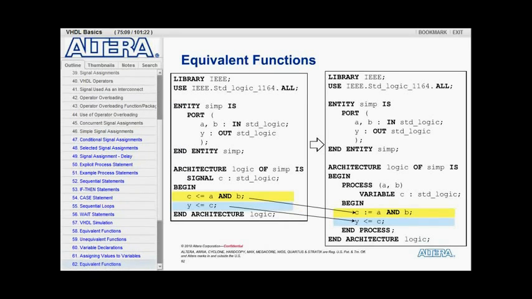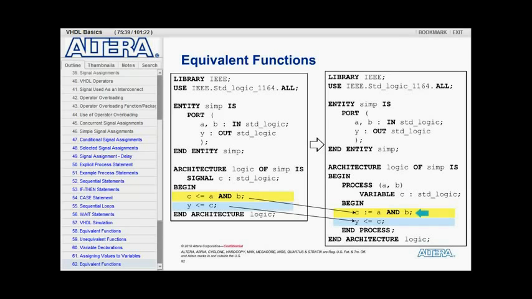So now, using variables, I can take the code on the right and actually make it equivalent to the code on the left again. So now I do have a single process again, sensitive to A and B, but this time, instead of making C a signal, it is now a variable. Notice it is declared within the process, so it's visible only within the process. So now if we look at the way the code on the right is executed, let's say A or B transitions.